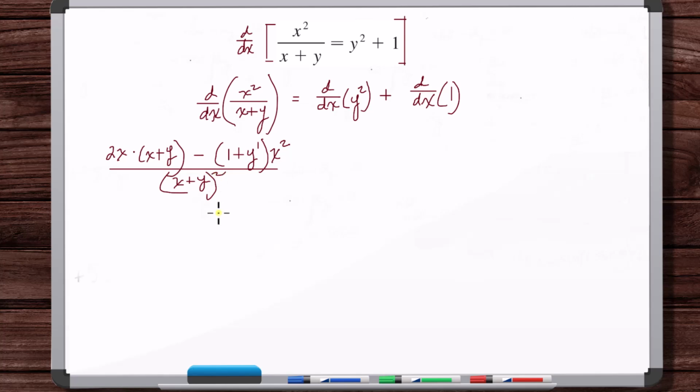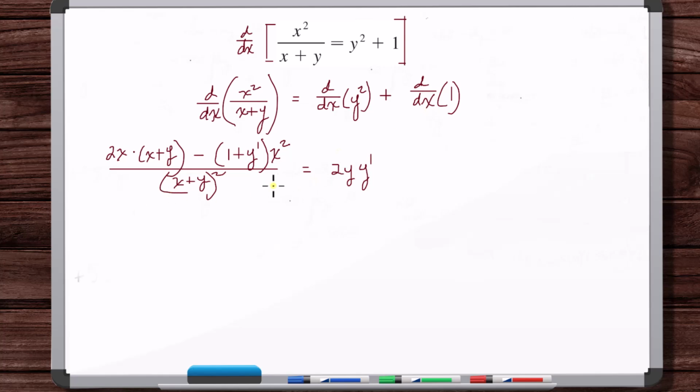Now, what is the derivative with respect to x of y squared? That's 2y y prime. The derivative of some function of x squared is 2 times that something times the derivative of that something. Go watch the previous couple of videos where we talk about implicit differentiation. And then plus 0.